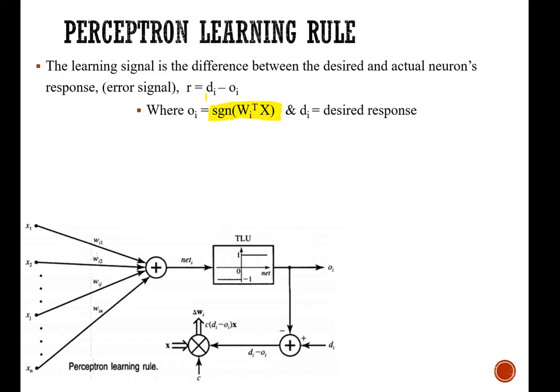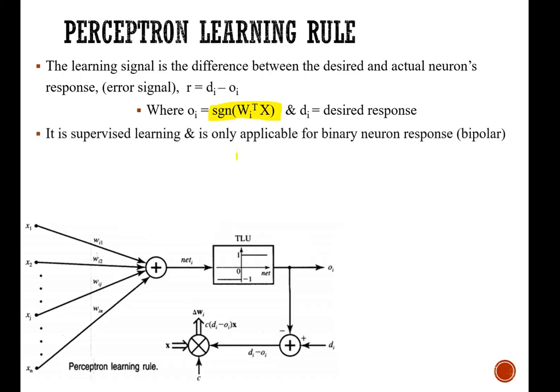So it is clearly known that here we are using the signum function, which is used for a bipolar discrete neuron. So the output can be either +1 or -1. The perceptron learning rule uses the signum function for a bipolar discrete neuron, and d_i is the desired response, which will be either +1 or -1.